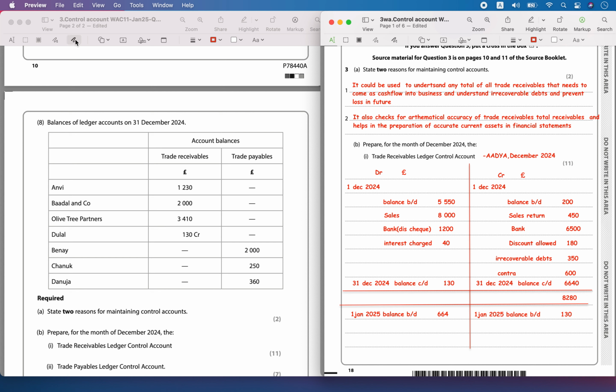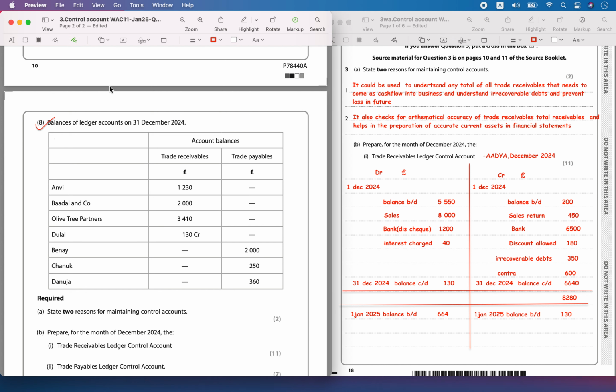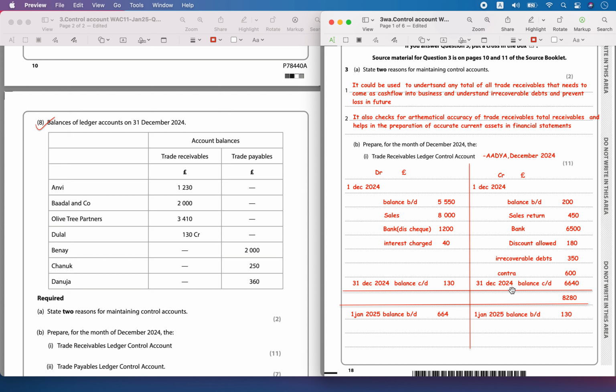Now after this we have to balance it again, because this is also one of the statements they have given. Let's add up the total. First 200 plus 450 plus 6500 plus 180 plus 350 plus 600 plus 6640.